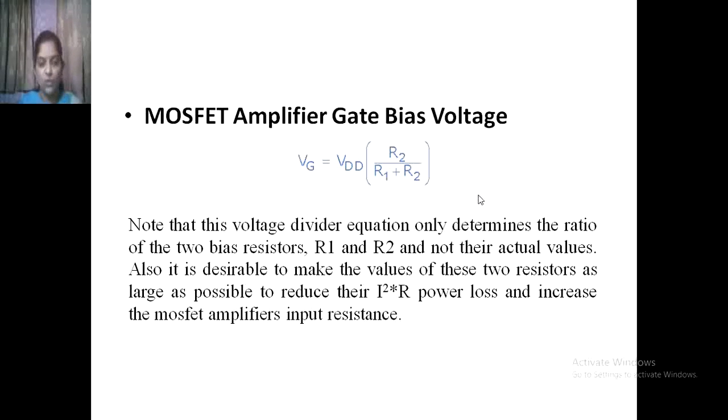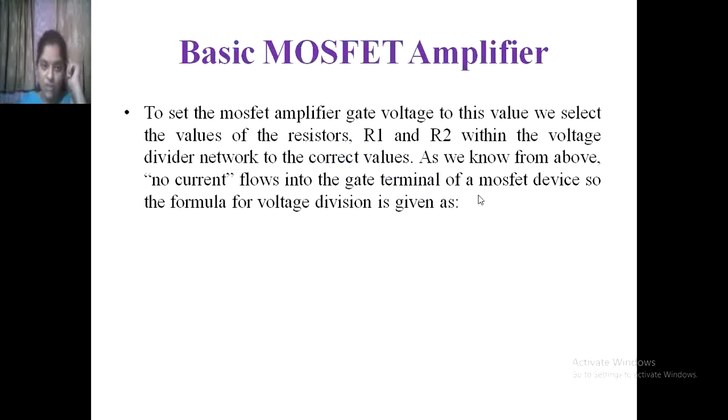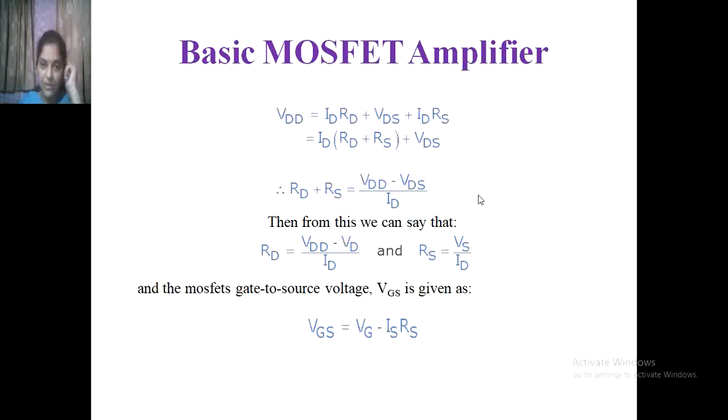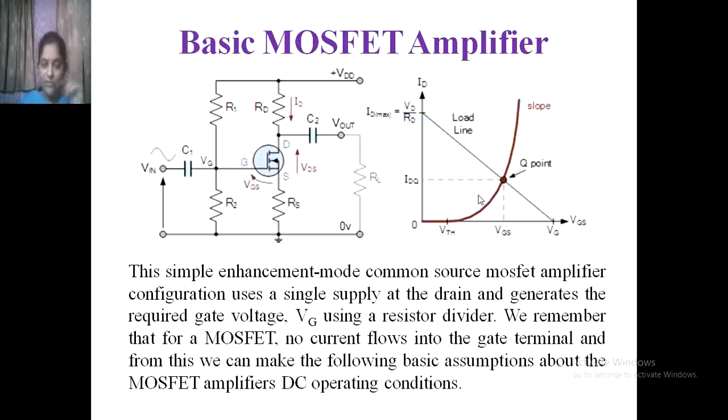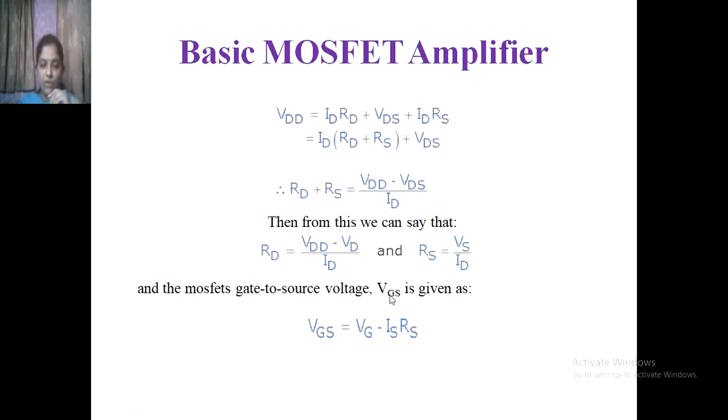So we have seen the basic MOSFET amplifier where the voltage divider network is used. According to that we have plotted the load line and over that the Q point, and for the Q point we have seen the equation.